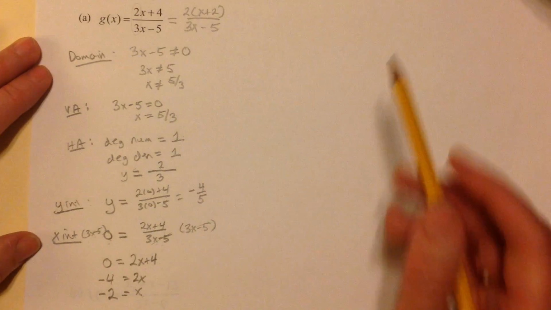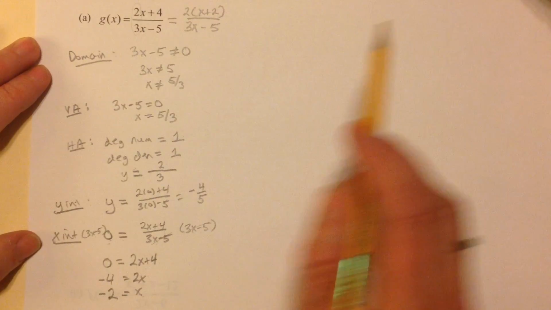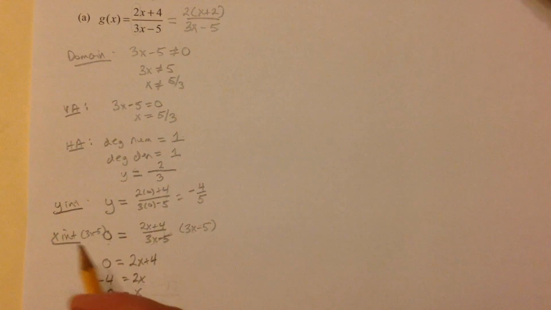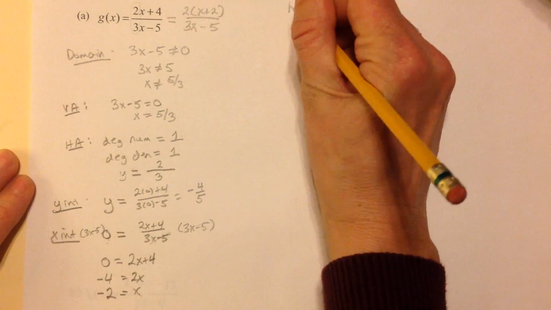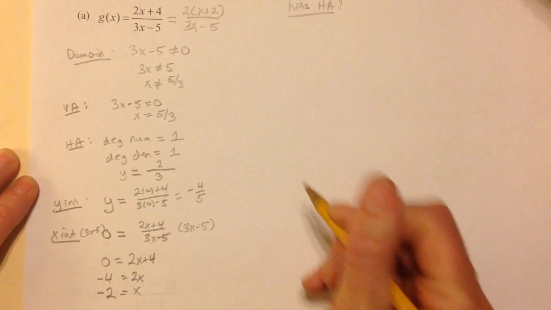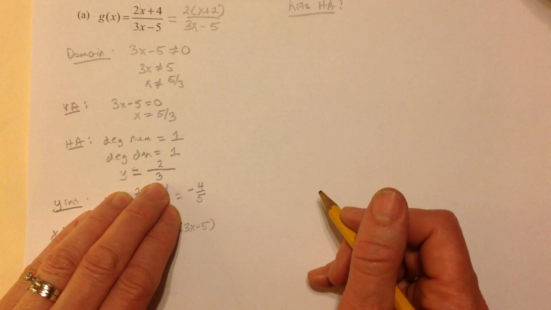All right, now we have one thing else left to find, whether or not this graph hits its horizontal asymptote. That's just something that can give us a little bit more perspective on the graph of this function. So, hits horizontal asymptote? I'm going to put a question mark there. We found the horizontal asymptote to be 2/3.